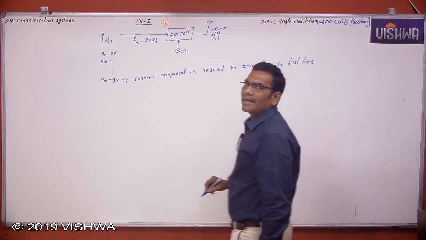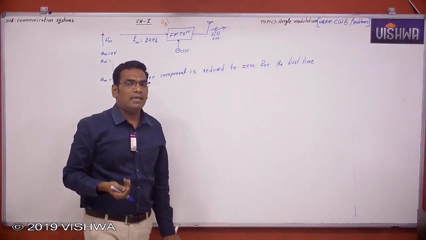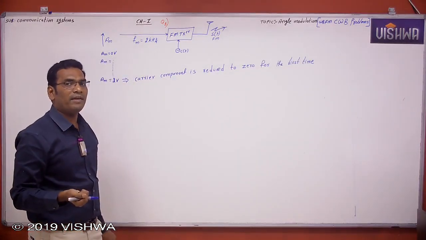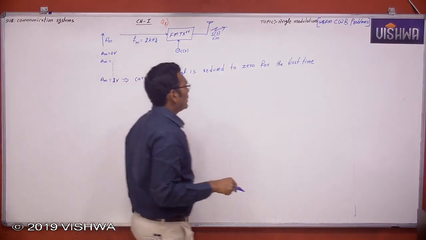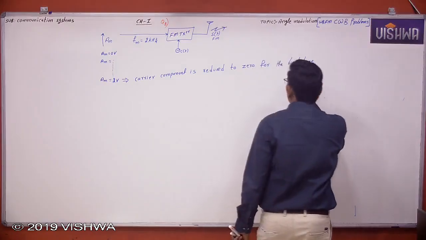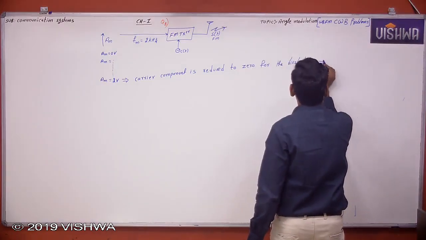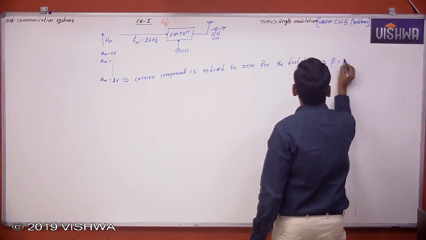Now, the carrier component will become 0 when J naught of beta becomes 0, so the carrier power will become 0. The carrier component reduces to 0 for the first time, which means that beta is equal to 2.4.